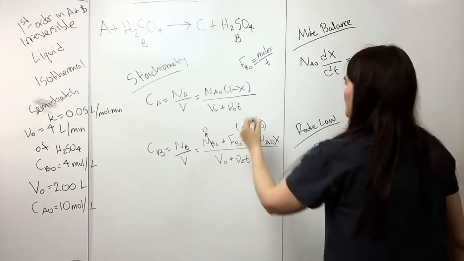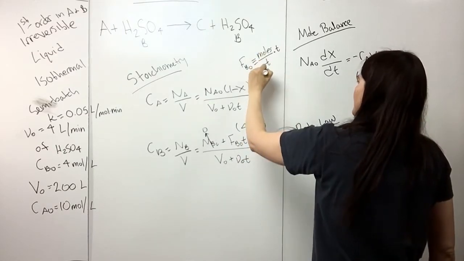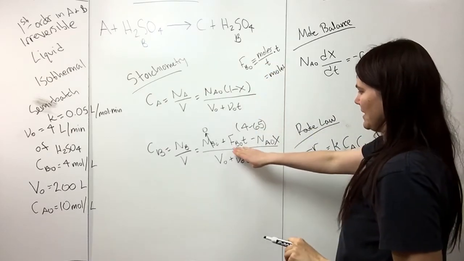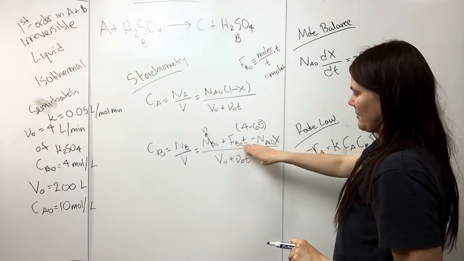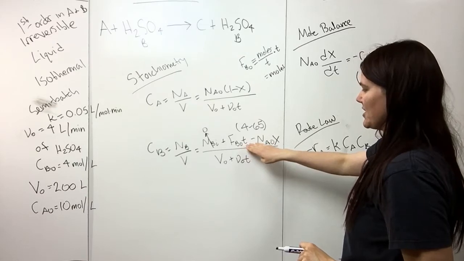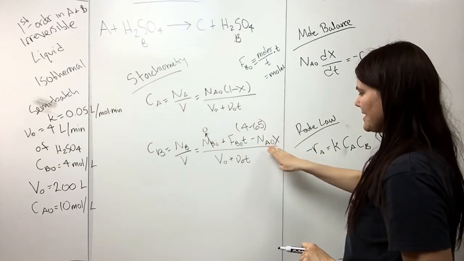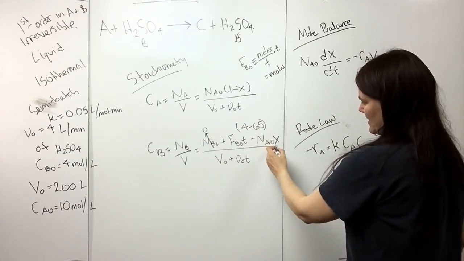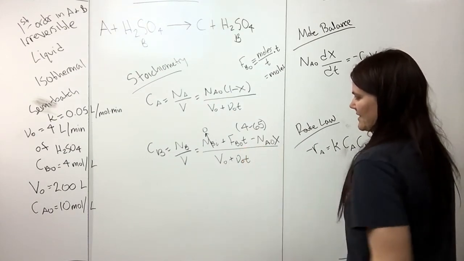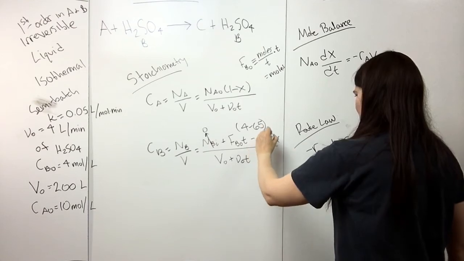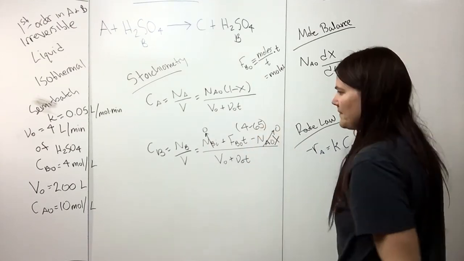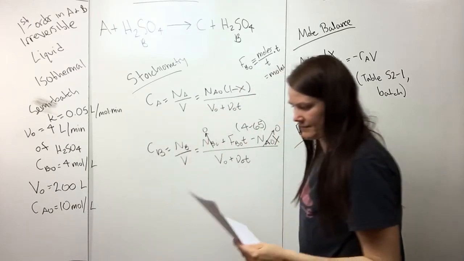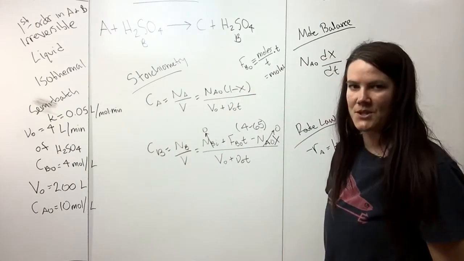So if you multiply this by a time, you just get total moles. So this ends up being the total amount of moles of B that were added during this time. And then this is the amount that reacted. In this case, we also know that this is 0 because it's not being consumed in the reaction, like it gives us in the problem. So in fact, just look at the exact wording: the catalyst is not consumed during the reaction.